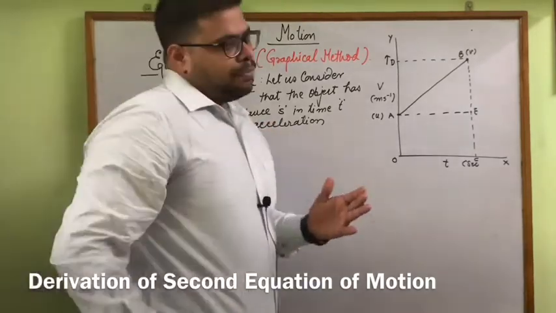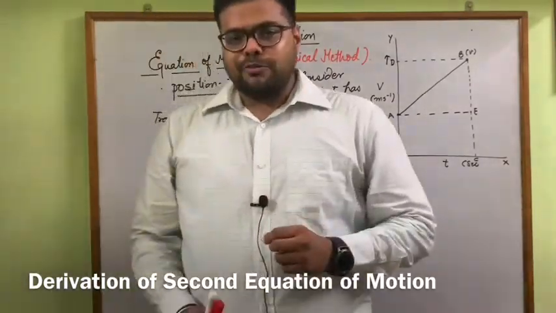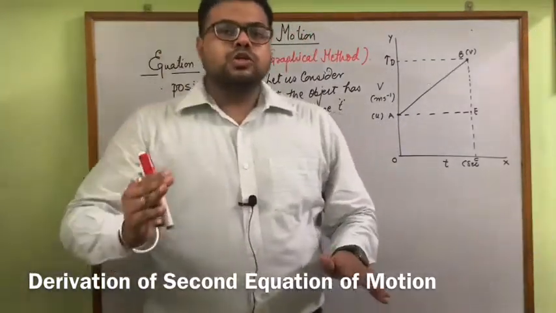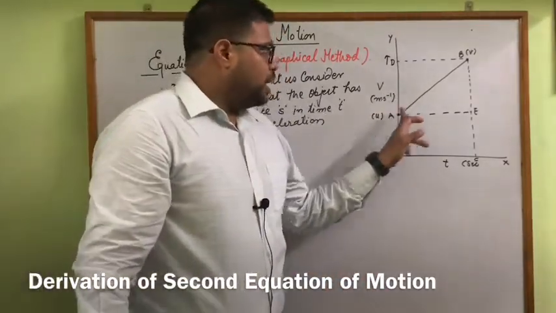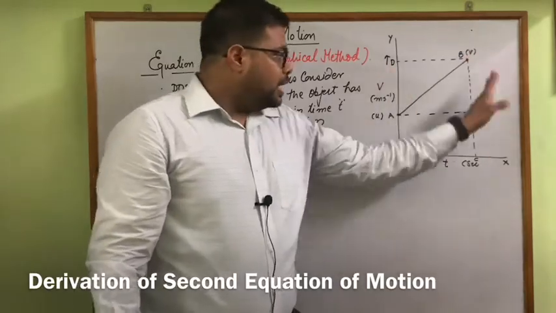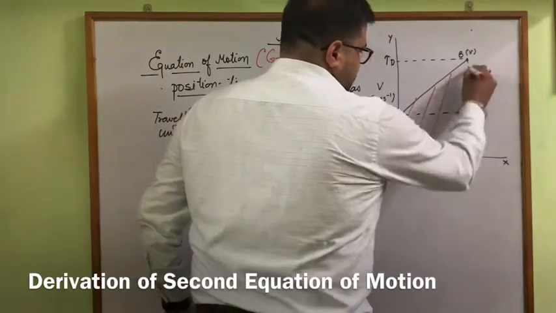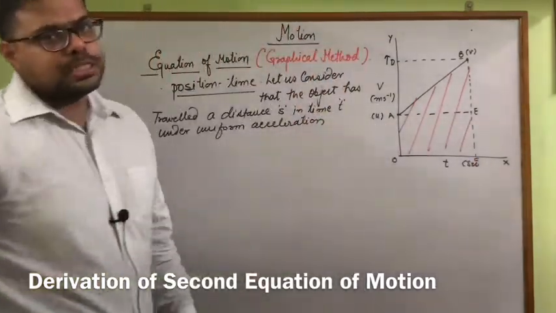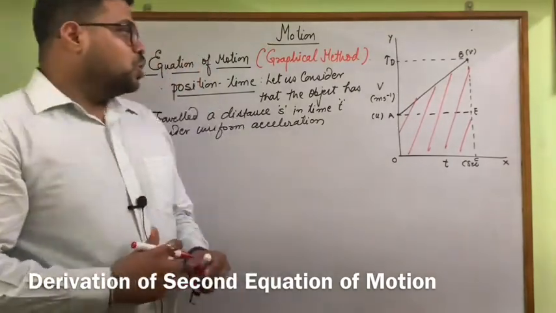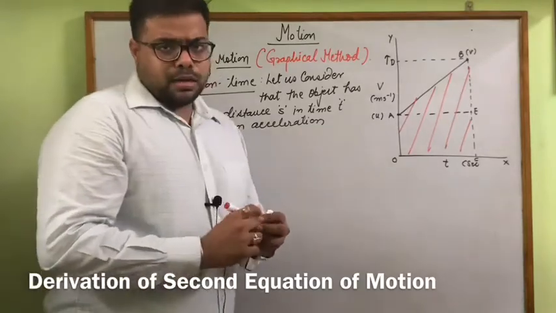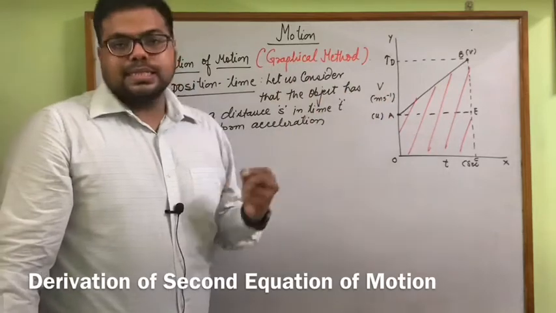Now we know that by the graphical representation of motion, when we draw the graph between velocity and time, the area under the curve, here the curve OABC, this particular region, gives us the distance traveled by the object in time t. So here we can derive the second equation of motion with the help of this concept.